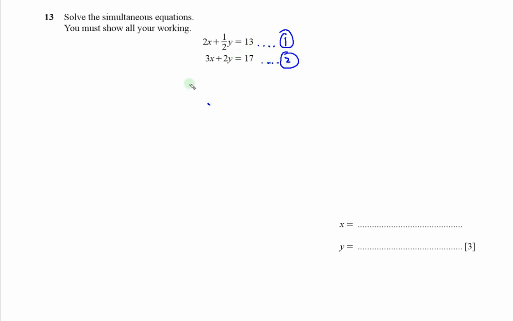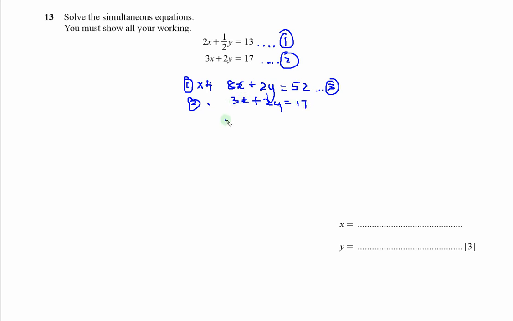Now equation 1, let's multiply by 4, so it will become 8x. 4 times 2x, 4 times half y, cancel the 4 and the 2, you end up with 2y, equal to 13 times 4, which is 52. This is a different equation, we call it equation 3. Let's take equation 2 over here, 3x plus 2y equal to 17.